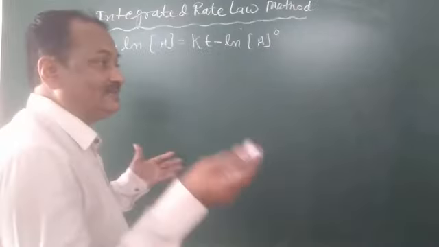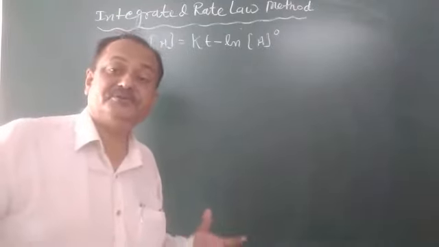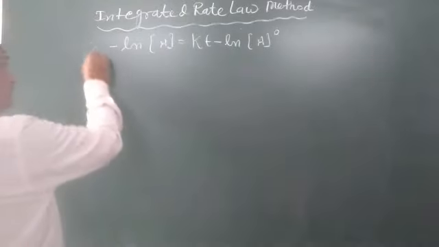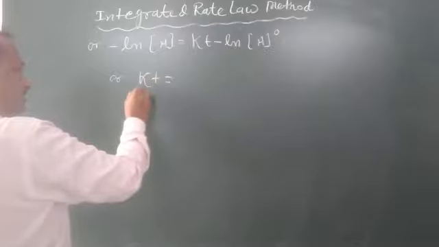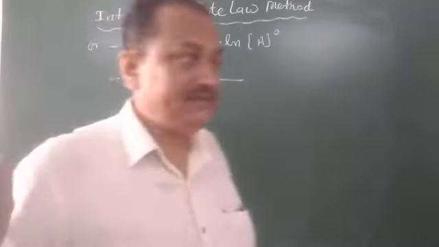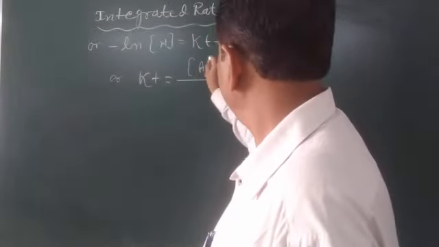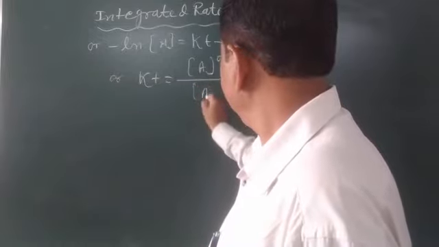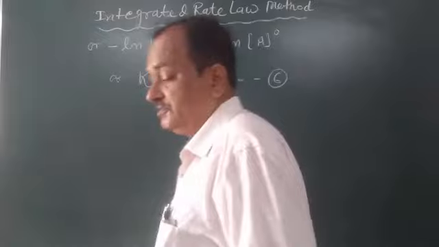Now we have to compute with respect to time, so kt will be ln of A naught upon A. This is equation number 6.